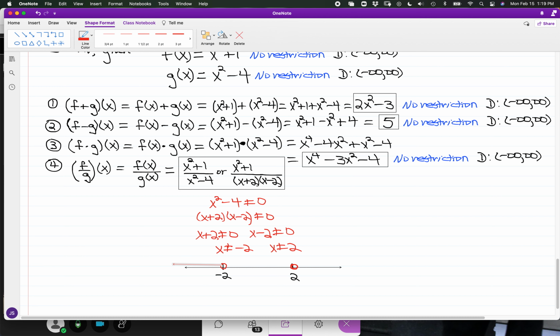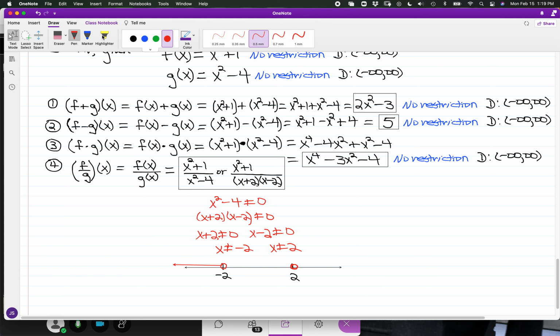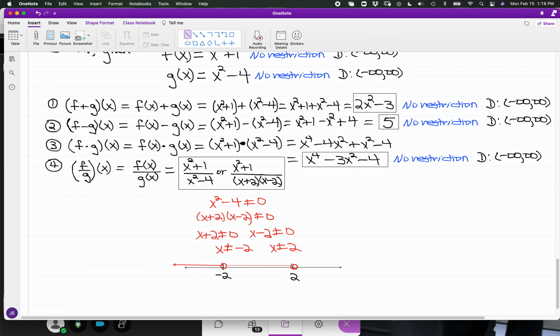Still excluding both negative and positive 2, we have values less than negative 2, and those values between, but not including, negative or positive 2. And then for the remaining extreme, we have those values of x greater than 2.